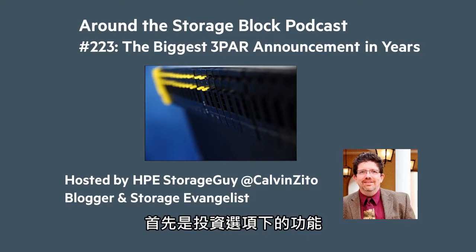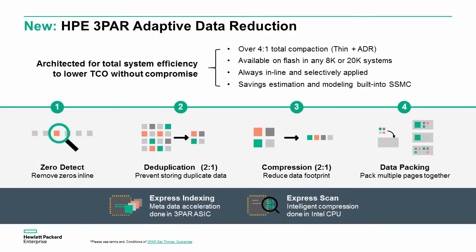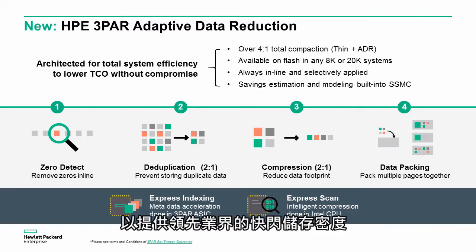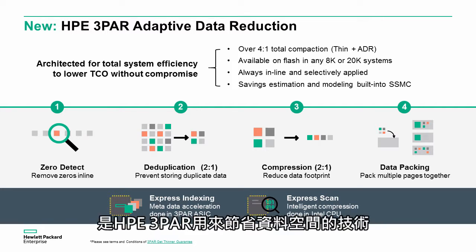First, under investment choice. We have HPE 3PAR adaptive data reduction. What makes our adaptive data reduction story so unique is that we drive up capacity efficiency for industry-leading flash density without sacrificing performance. Adaptive data reduction is an umbrella term that describes the technologies in HPE 3PAR designed to reduce the footprint of data.